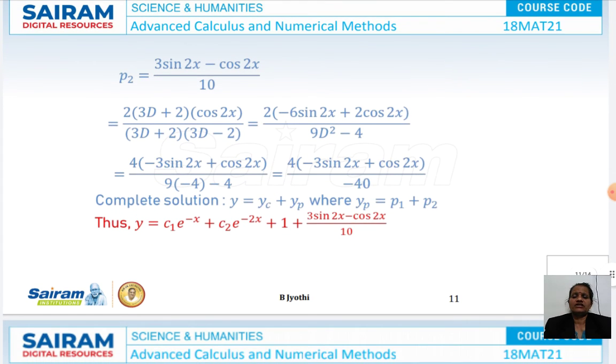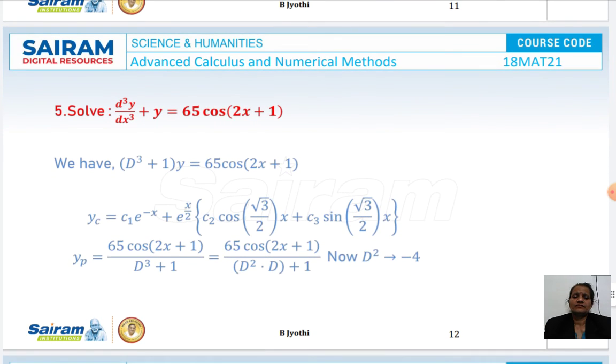Again, on simplification, we get 4 times of minus 3 sin 2x plus cos 2x divided by minus 40. On simplification, (3 sin 2x minus cos 2x) divided by 10. Thus, y is given by yc plus yp.